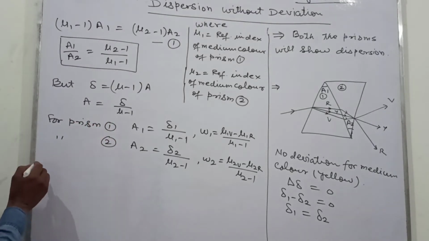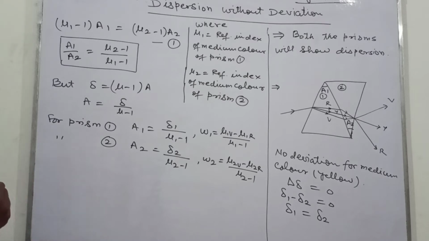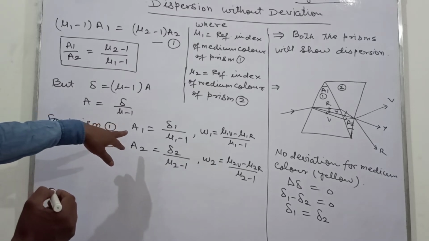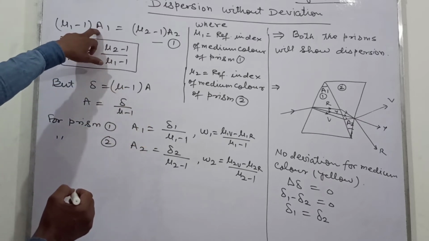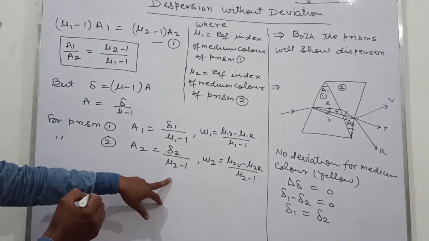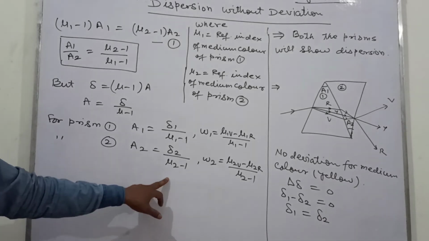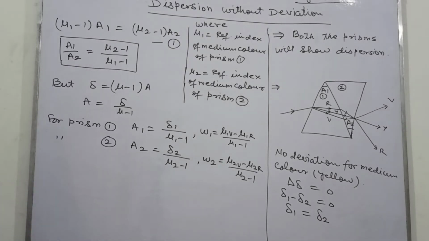So, using in place of A1 I can write this, and then delta 1 equal to delta 2, net dispersion.